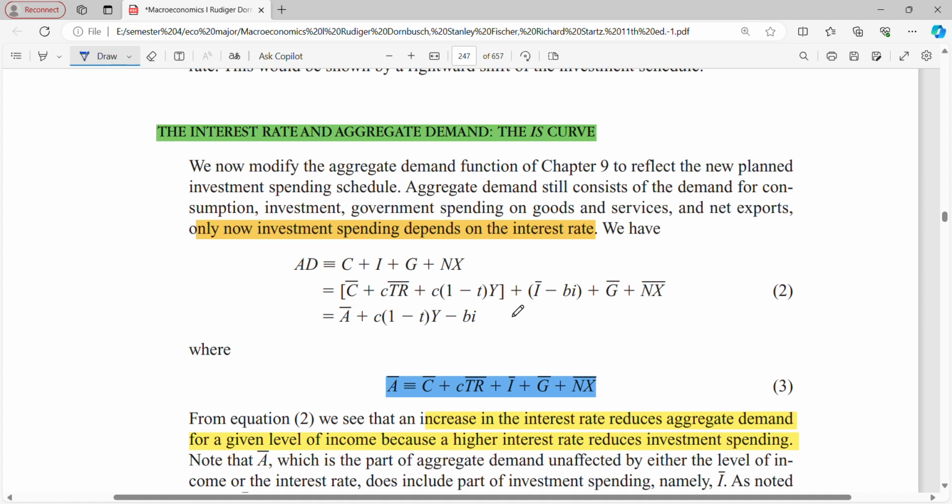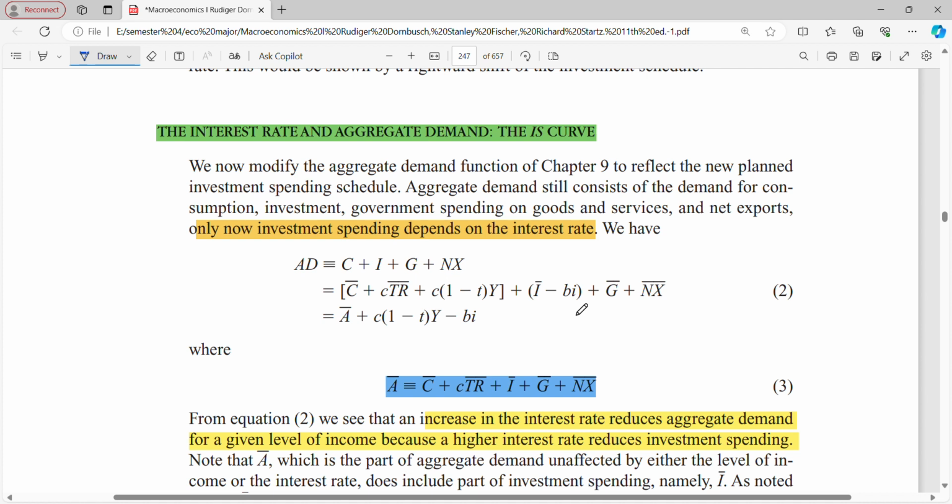In the second semester we studied this. Investment can be written like this. In this chapter we studied that investment spending I is equal to I bar minus bi: autonomous investment minus bi, where b is the responsiveness to the interest rate and i is the interest rate. Plus G and NX.